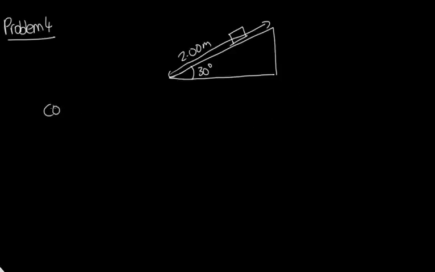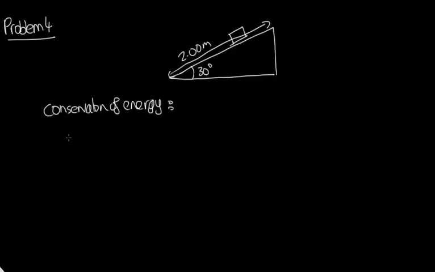So conservation of energy tells us that energy is not created or destroyed, it remains the same. But to start with, when the block's up here, it's got its energy as gravitational potential energy. It has no kinetic energy as it's at rest.